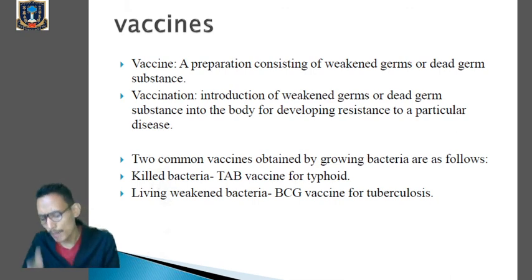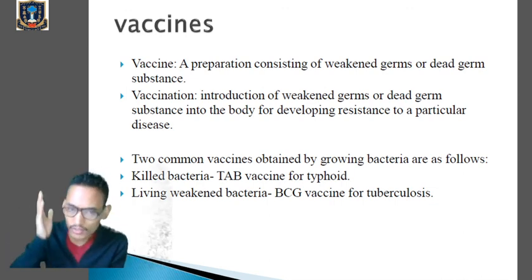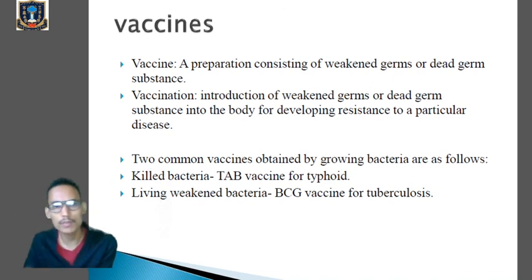If the pathogen is entering the body for the second time, the memory cell will recognize it, and it will develop the antibodies against that pathogen. Clear? This is the most important principle of vaccination: development of memory cells.